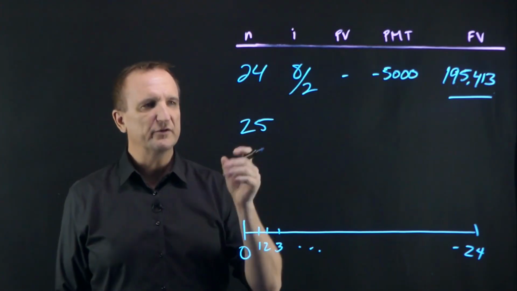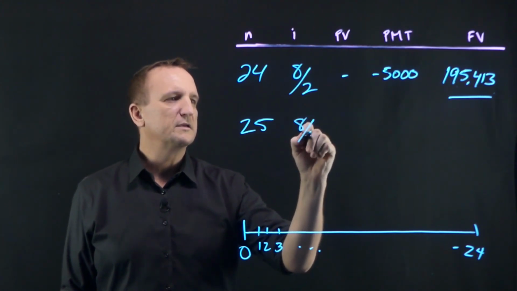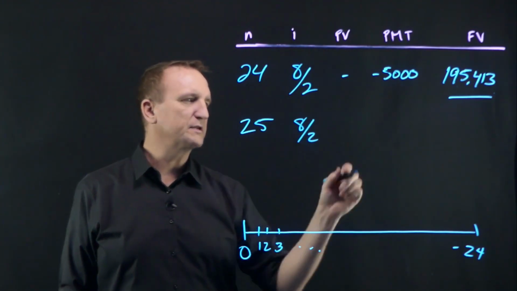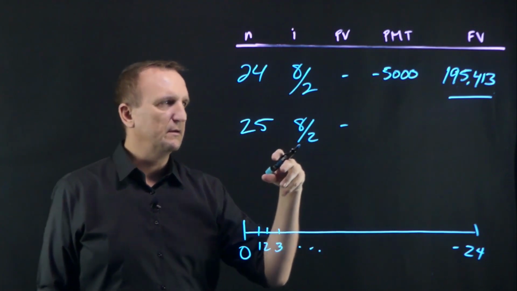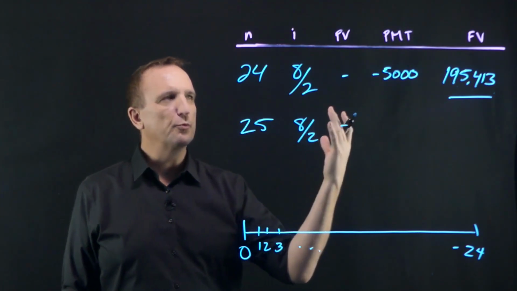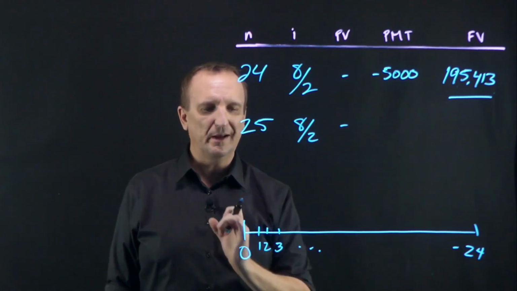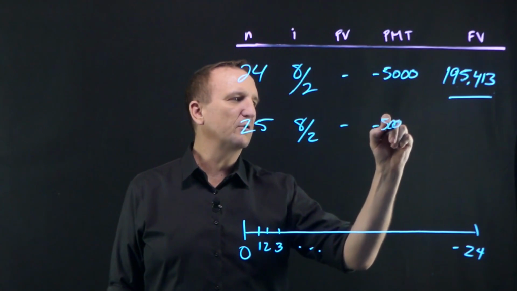So that means we have a 25th deposit, and still 8% per year, compounded semi-annually, so it's going to be 4%. And in this case, it still says no present value because we're counting that payment happening at day 1 anyway. So it's still negative $5,000.